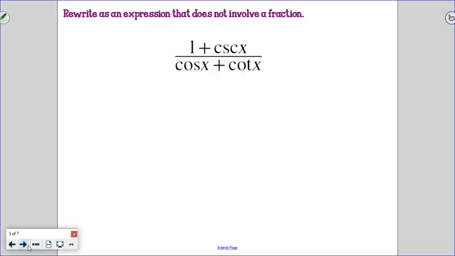Okay, last one today that I want to go through, something like this. 1 plus cosecant x over cosine x plus cotangent x.